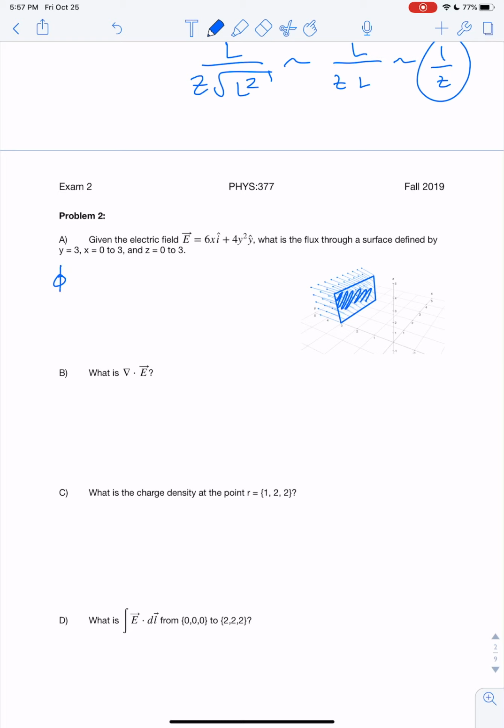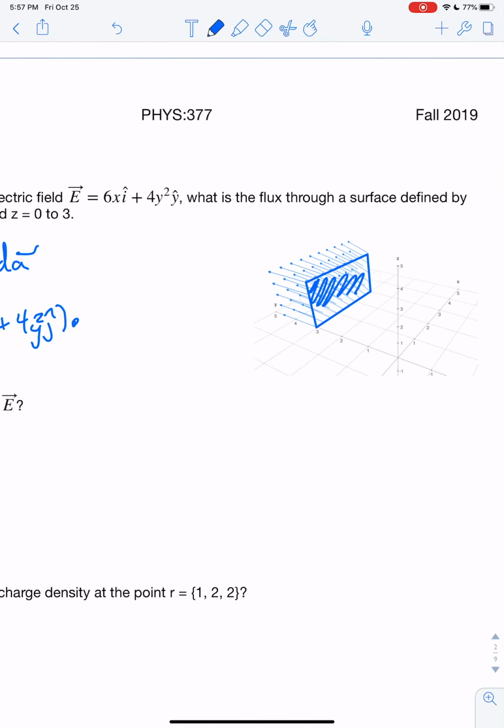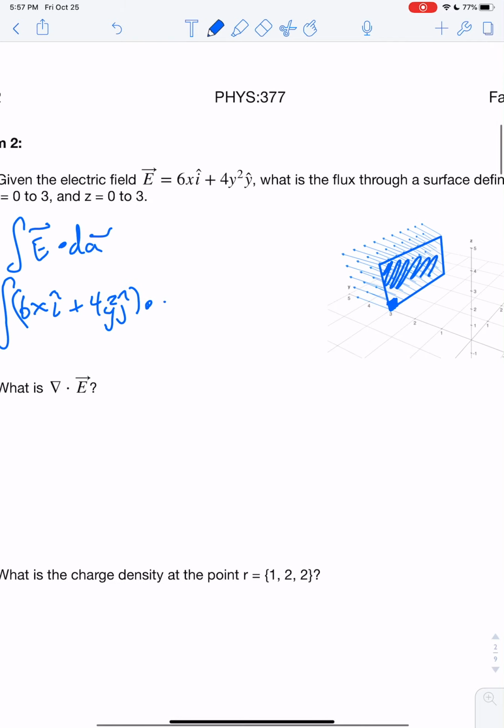Well, that's defined to be the integral of the electric field dotted into the area element. So this is the integral of 6x i hat plus 4y squared j hat, dotted into dA. Now, what's our area? Well, let's imagine a little area element here. That's in the x and the z direction, so we're going to multiply that by dx dz.